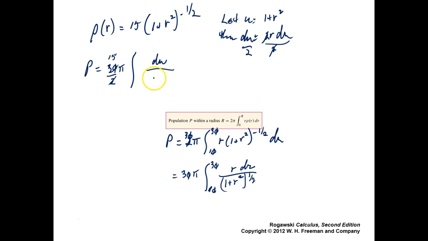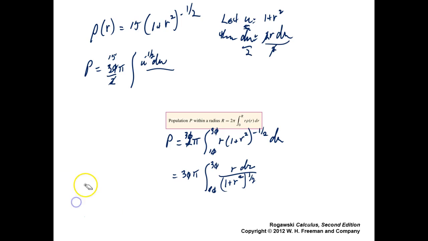And what do you have in the denominator? One plus r squared was u. So that would be u to the 1/2, right? Now I'm going to write this as u to the minus 1/2. It was okay written that other way before, but this I can integrate better.